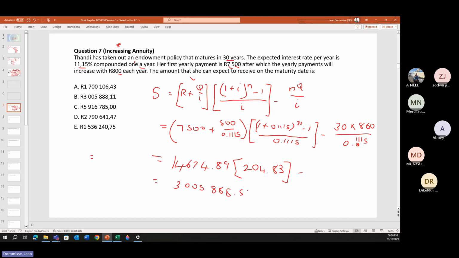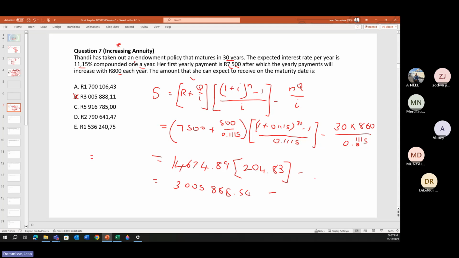It's a bit off because I rounded off, but I got 3,005,888.54, so that's fine. So at least I know I'm working right, but remember that is not my end value.